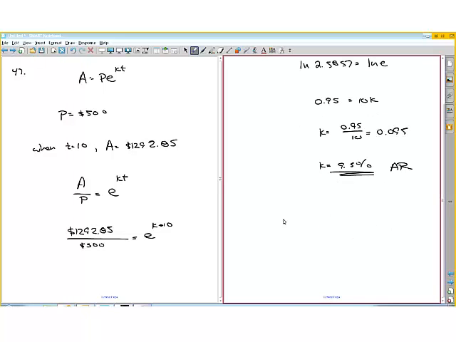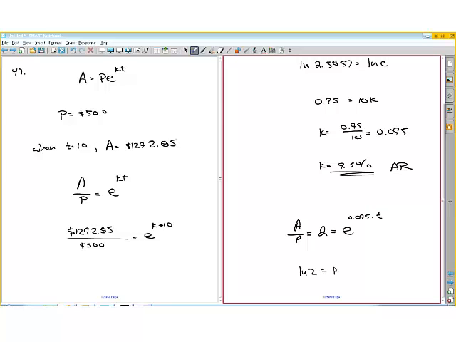The second part of the problem is figuring out how long it takes to double. Well, double means A over P is equal to 2, e to the k, but that's 0.095. We have to use the decimal part, t.